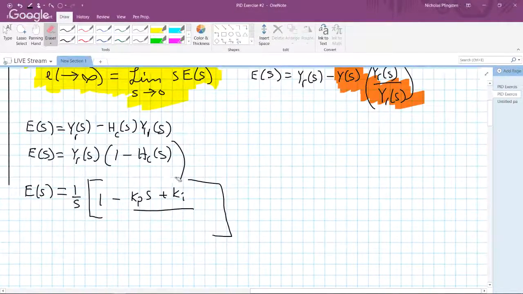I got to fix this denominator. So the denominator should be everything as symbolic as possible. Sometimes plugging in numbers as you're doing your math hurts you because you don't get to see what cancels out along the way.